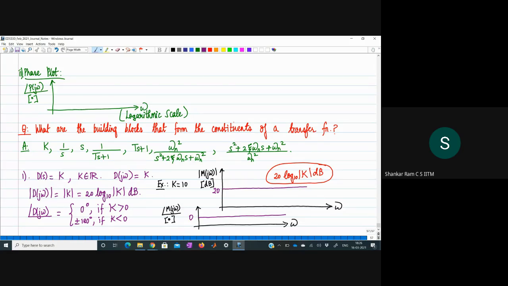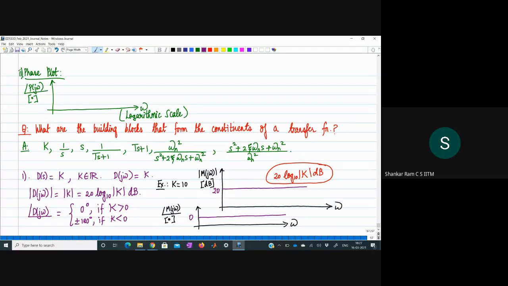In this manner, we are going to learn how to construct the Bode plot of the other remaining blocks. I will stop here for this session. We will continue by learning how to plot the Bode plot of the factor 1 by s in the next session.